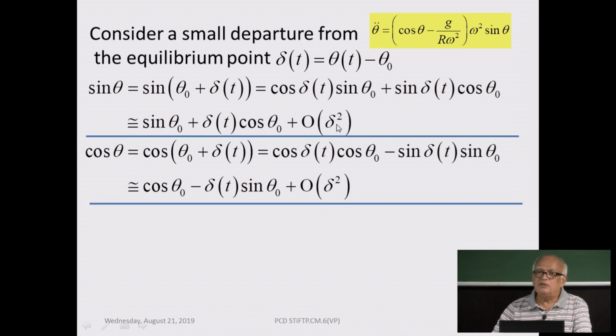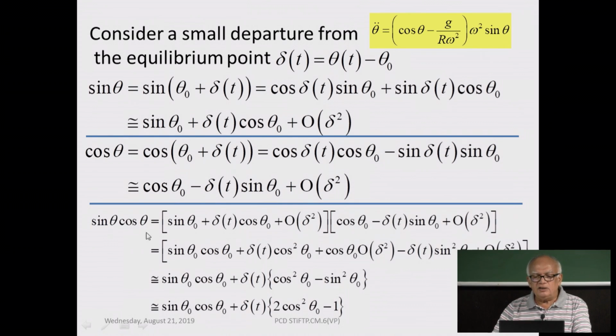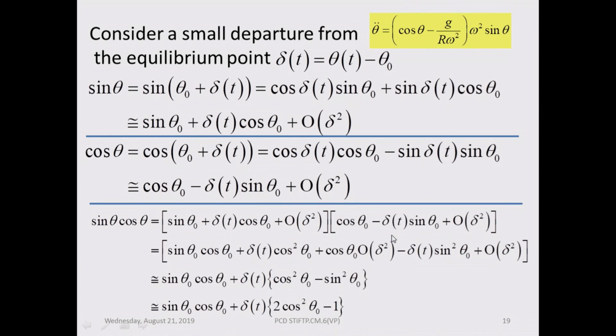You have a similar expansion for the cosine delta for the neighboring point, and you put the two together because actually what you have in this equation is a product of cosine theta and sine theta. So, in the product you put all these terms and retain only the linear terms, remove the quadratic terms.